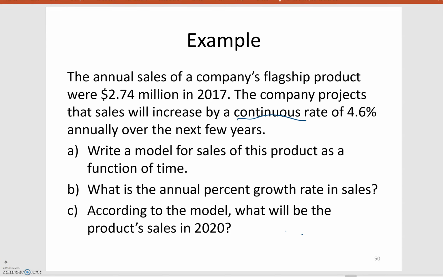I mean, I know it's about money, but this is not actually a financial model because we don't have a continuously compounded account, but we just have continuous growth. It's sort of an academic difference, but anyway. So I'm still just going to use the exponential growth model for continuous growth. So we start off at 2.74 mil times e to the 0.046t. And that's our model.